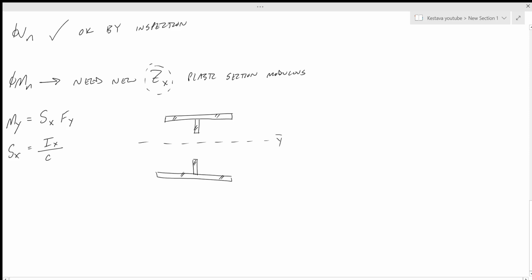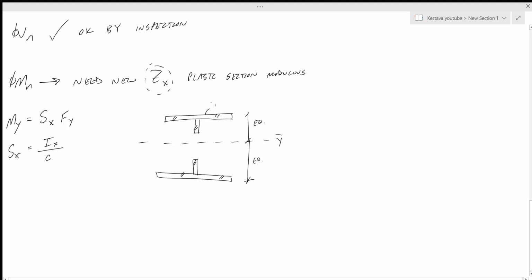Although we have a penetration, it's located directly in the center of our beam. So we know that our cross-section is still symmetric about the neutral axis, so that distance equals that distance. That's nice. It makes it a little easier.